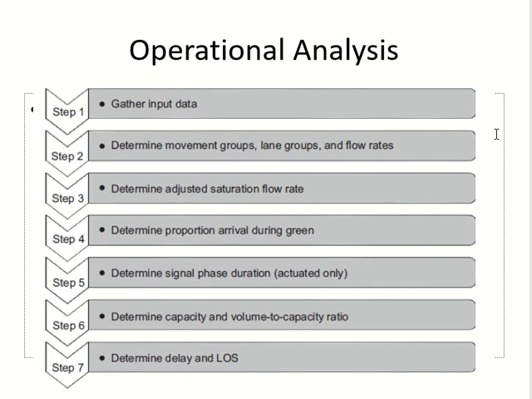So operational analysis means finding out level of service. Using the level of service, you can do the design as well. We didn't do it in this course, but we did it in the previous traffic engineering course. Just to give you a hint, for example, you want level of service C on the highway or on the intersection, and you do your design.